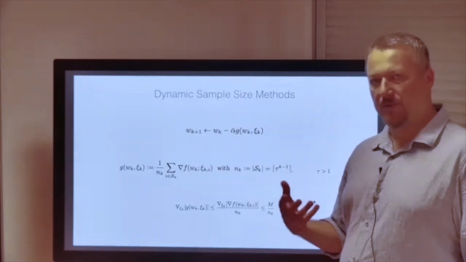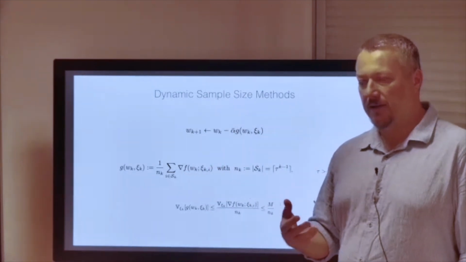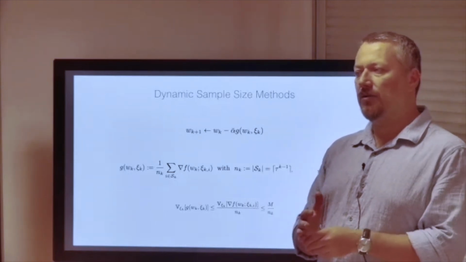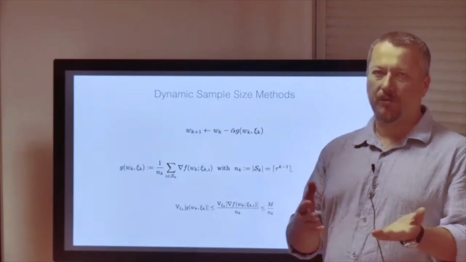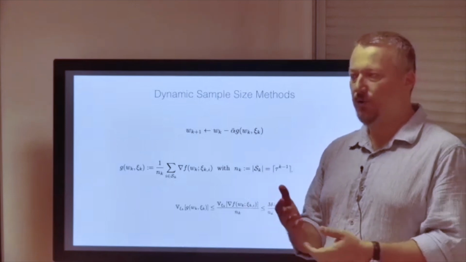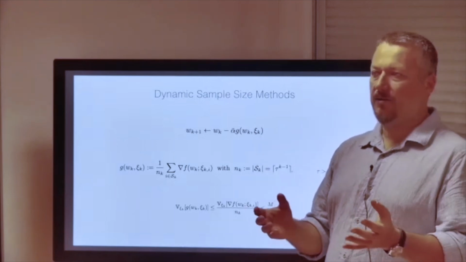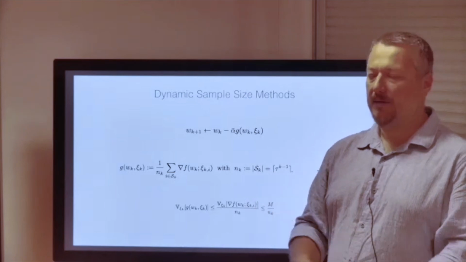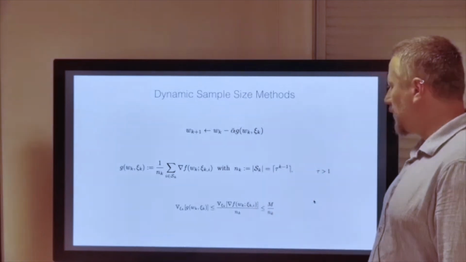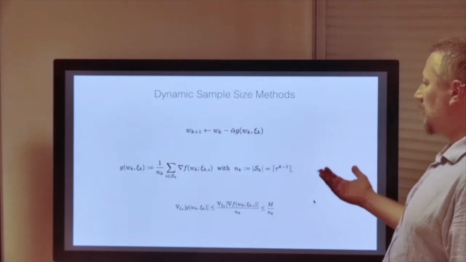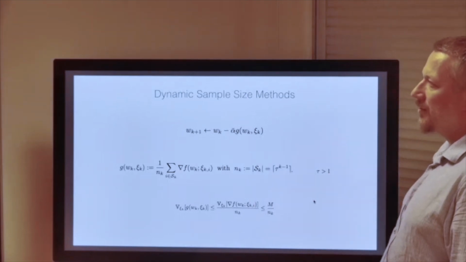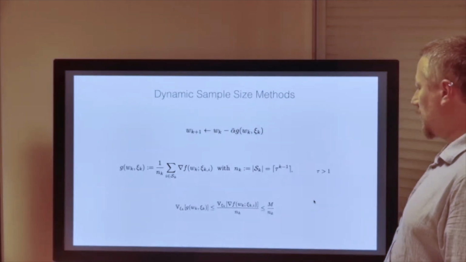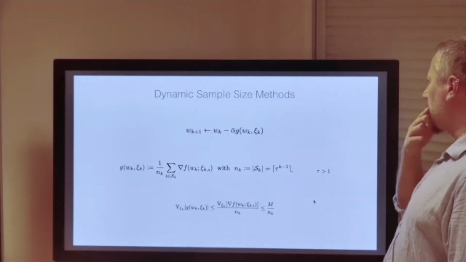It's not an easy process. You can come up with theoretical results on how to increase it, but those theoretical results can also be hard to compute with respect to the machine learning problem at hand. So this is one way to increase the convergence rate of our stochastic gradient method: you increase the sample size.